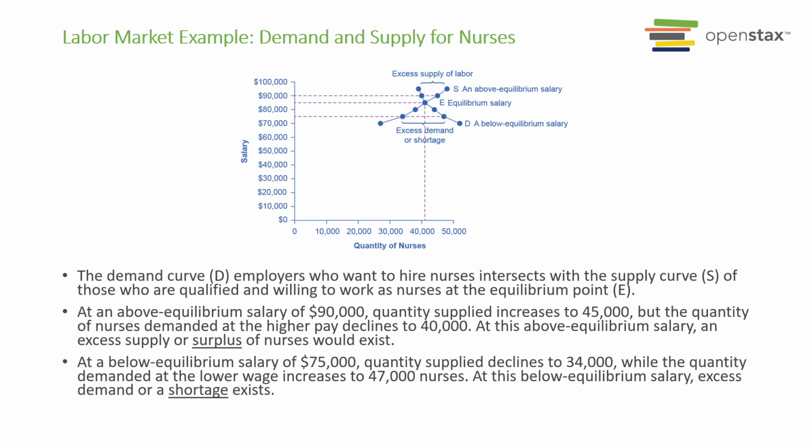In that case, at 75,000, you can see that this is the supply of nurses here, but the quantity demanded of nurses is all the way here to the right. So these two are not equal to each other. This is excess demand. Demand here is greater than supply, and that results in a shortage.